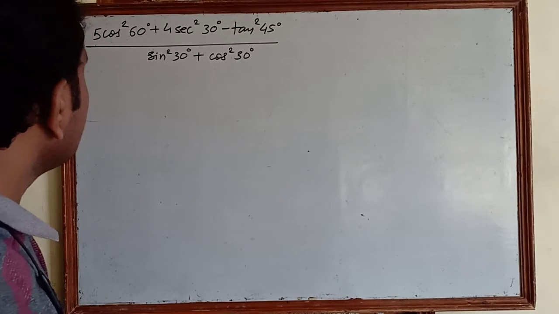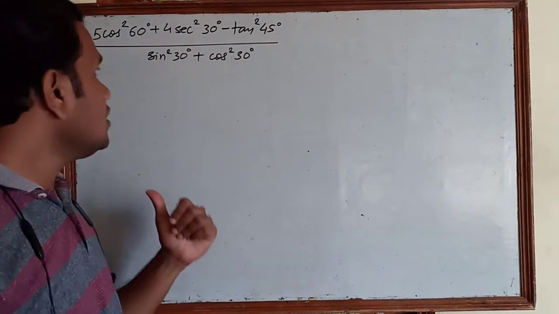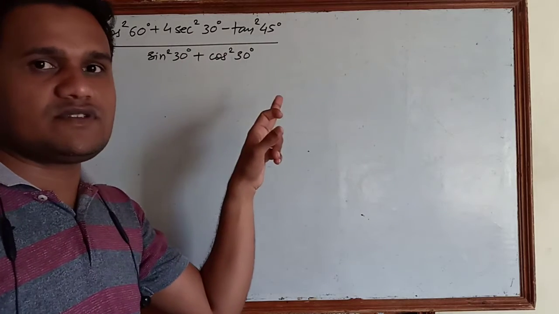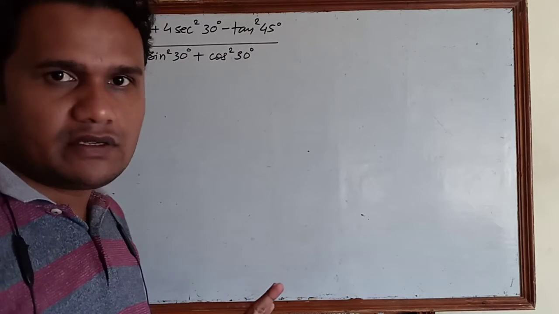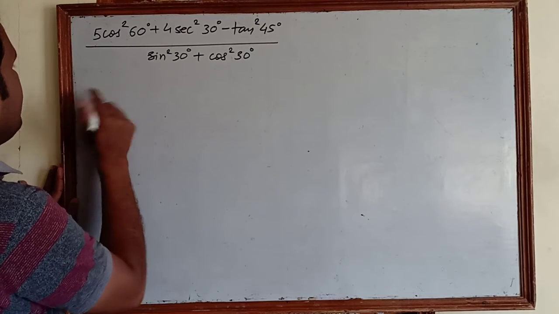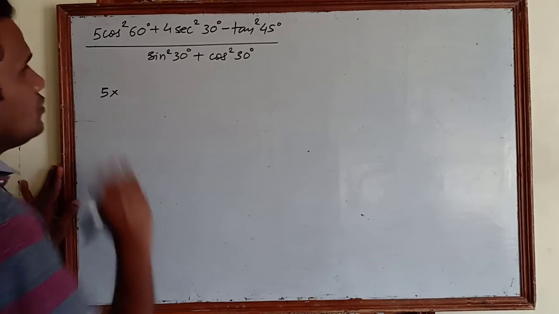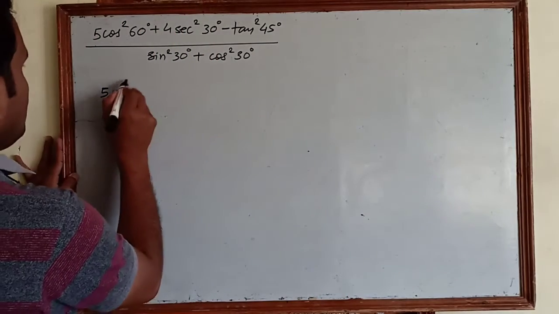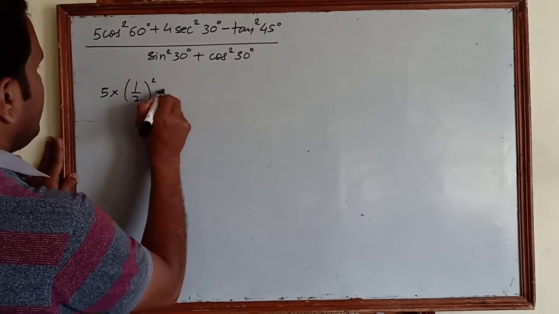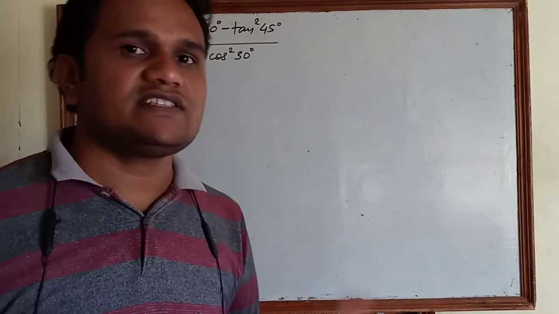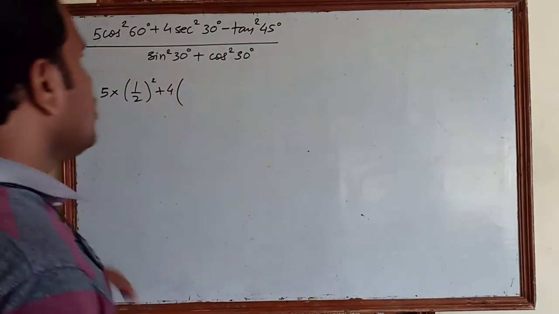Okay. So before solving the question, the values of these trigonometric terms must be in your mind. For example, we are saying that 5 into cos square 60. Now cos 60 is 1 by 2. So 1 by 2 square plus 4 into sec 30. Now sec 30 is the inverse of cos 30. Cos 30 was root 3 by 2.